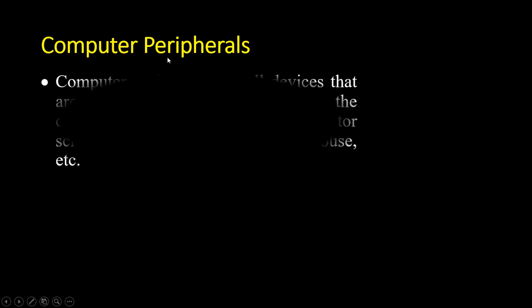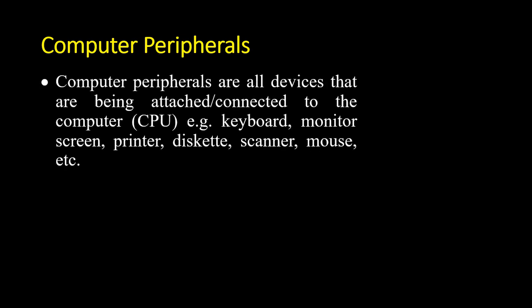Okay, so let's look at computer peripherals. Now, we need also to understand what peripheral means. Computer peripherals are all devices that are attached or connected to the computer CPU.